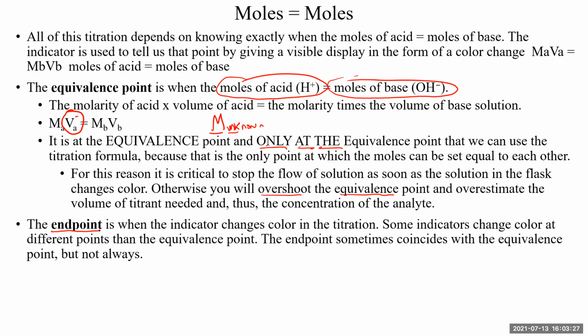And we'll see a non-acid-base indicator in our last example, so that's not really going to be relevant there. So the endpoint sometimes coincides with the equivalence point, but not always. Just know your acid-base indicators' properties.